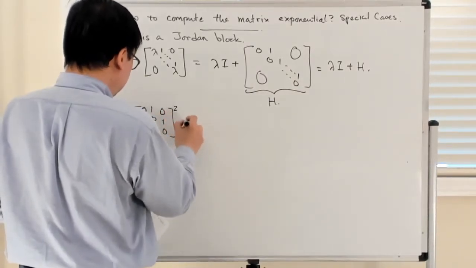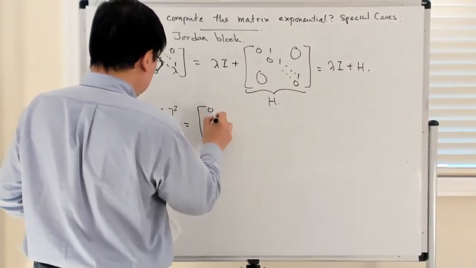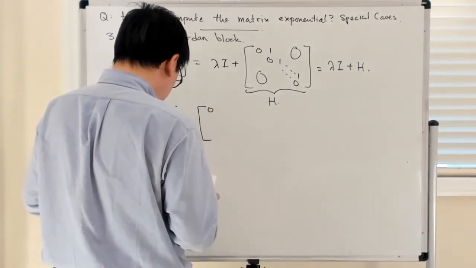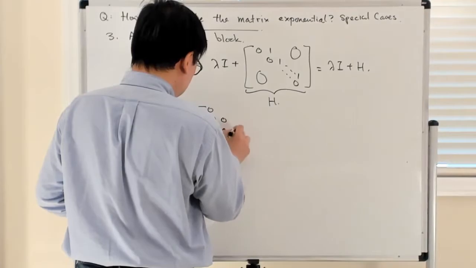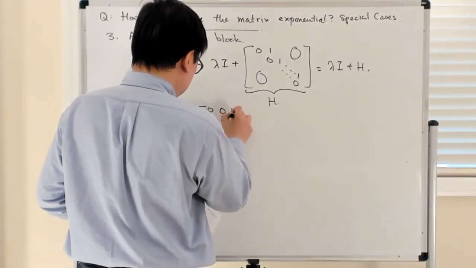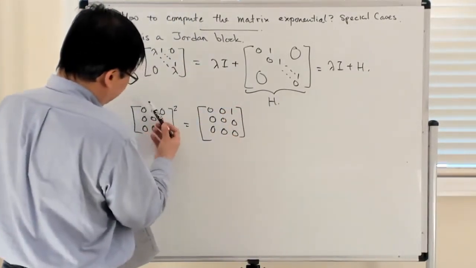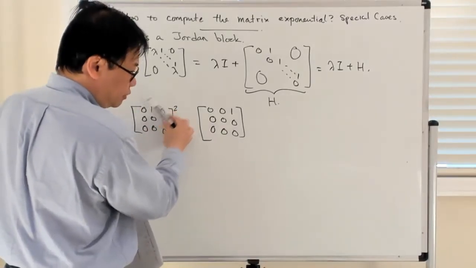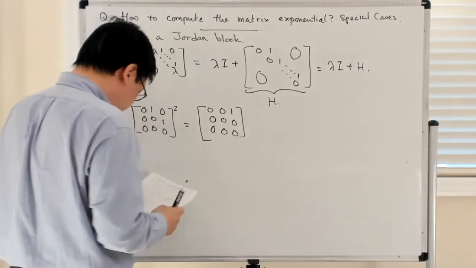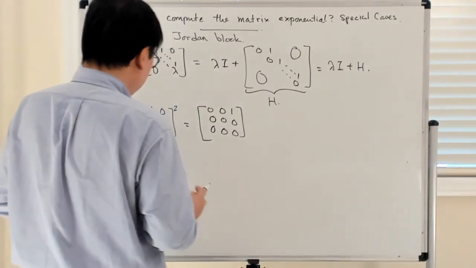Okay, and let's look at the square of this. You can check that the square of that is going to be the following matrix, right? One way to think about this is that this diagonal of 1s gets shifted up by 1 every time you take a multiplication of it. And that happens more generally, okay?